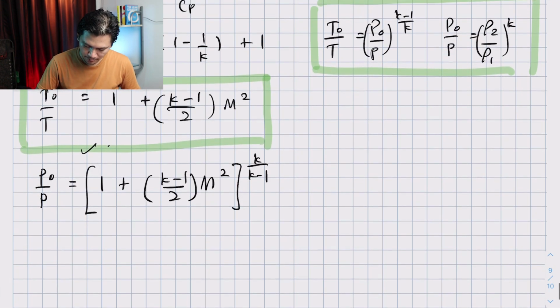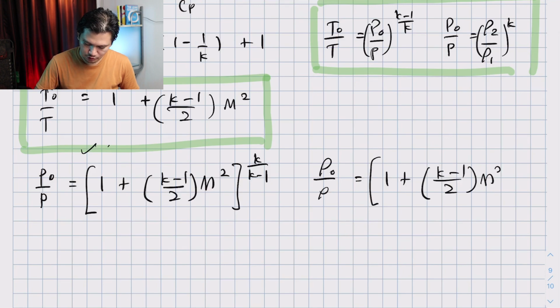And rho naught over rho will become (1 plus (K minus 1) over 2 M square) to the power of 1 over K minus 1.